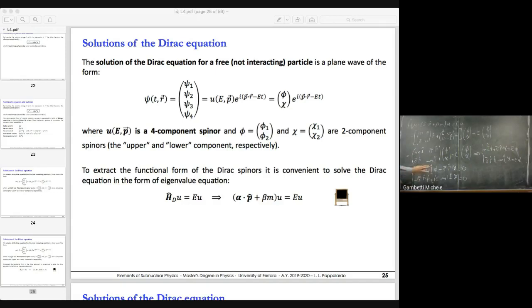Now, if you look at this system, you realize that there are no constant terms, okay? So this is a homogeneous system of equations. And in addition, each of these two equations has two components. So overall, this corresponds to a system of 4 equations, and so we expect to have 4 solutions.